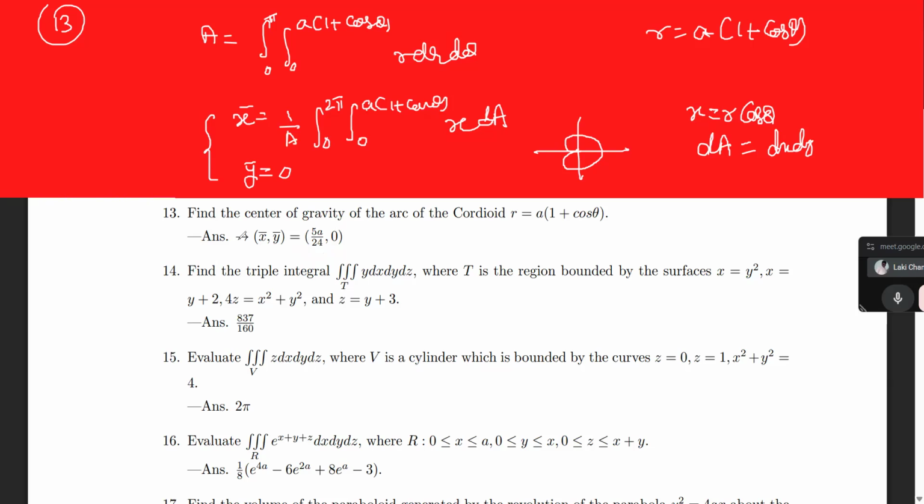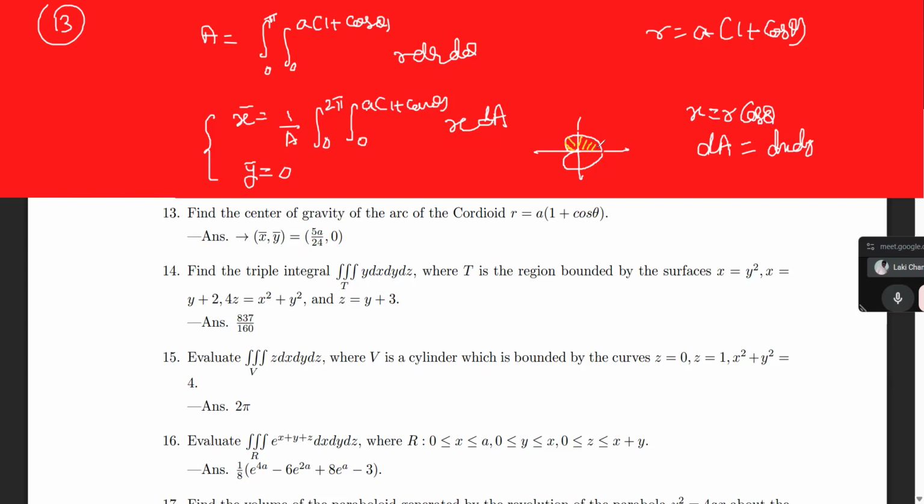So for area, between 0 to pi or 0 to pi by 2? This is cardioid, na? So for cardioid, always take 0 to pi. Why not pi by 2? Because here is larger region and this is smaller region. This is not symmetric.